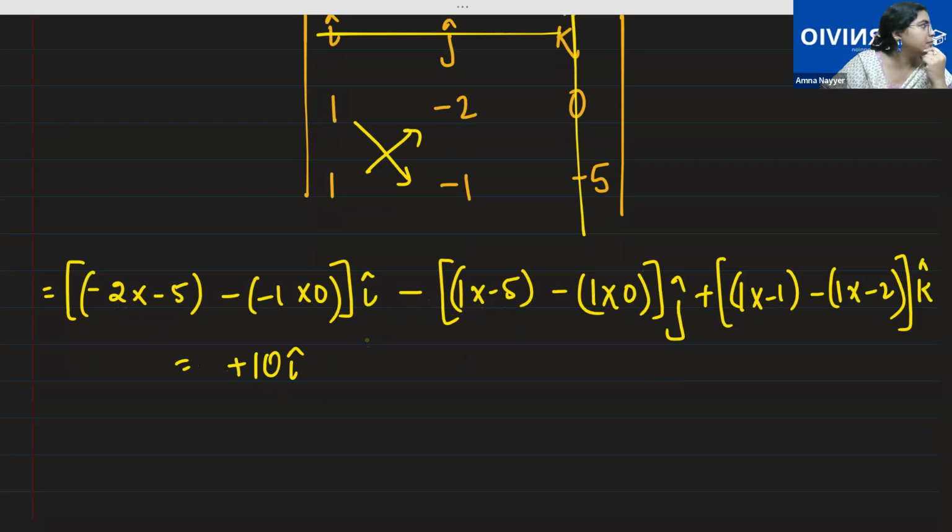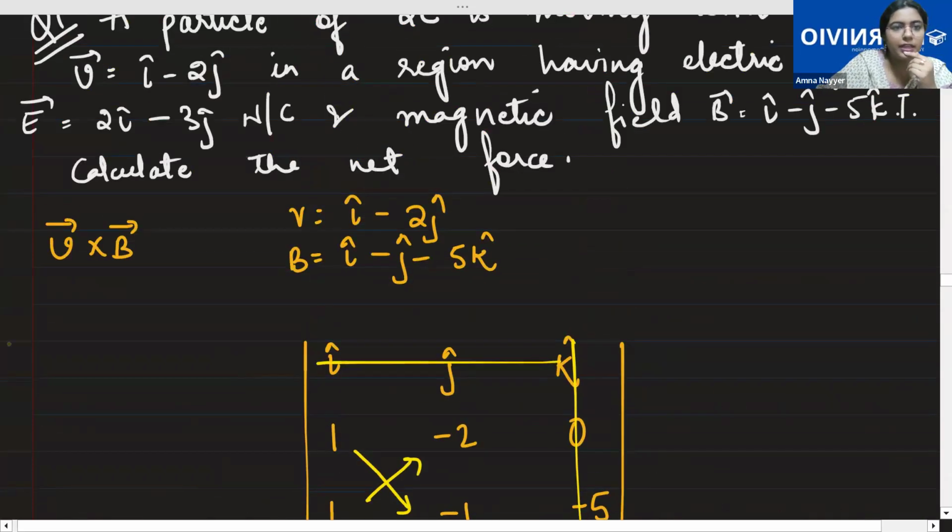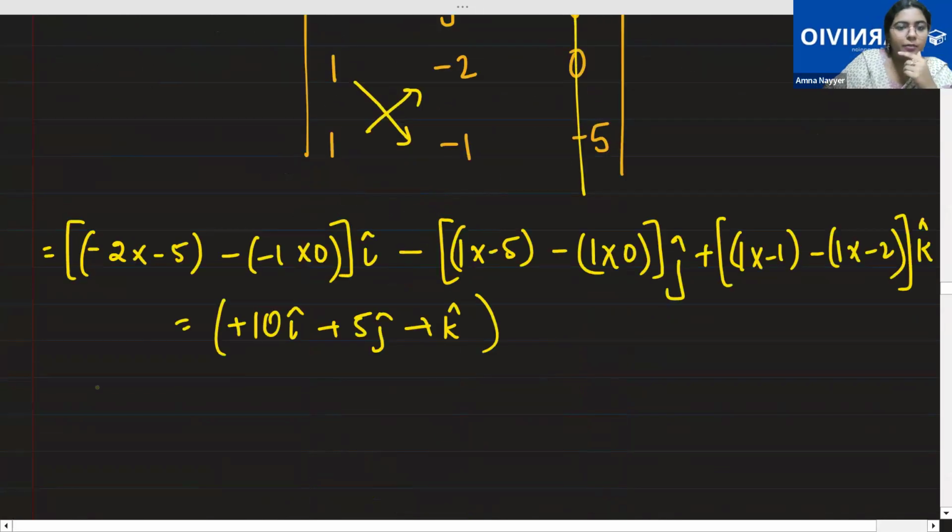Minus minus 5 will become plus 5, so plus 5 j cap. For k cap, this is minus 1, this is minus 2, so minus minus becomes plus: minus 1 plus 2 is 1, so plus k cap. This is V cross B.